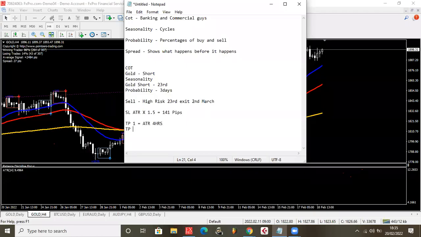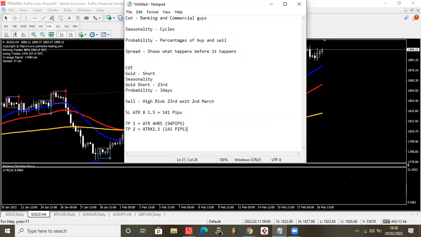TP2 would equal ATR times 1.5, which in this scenario would give you 141 pips. So your TP1 will be 94 pips, and your second one would be 141 pips.